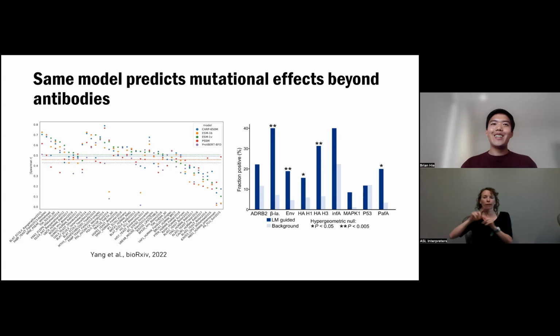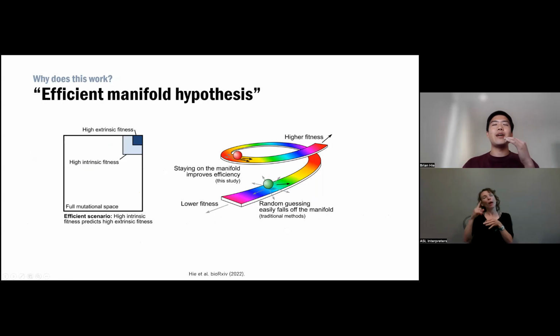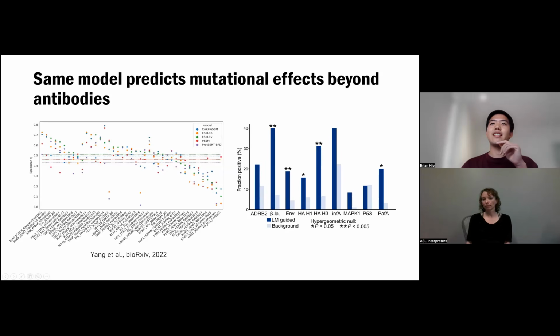And fundamentally, the definition of fitness in the clinical variant setting is very different from the definitions of fitness that would be encountered in, say, natural evolution. So I think there is some evolutionary prior that's really good for predicting certain definitions of extrinsic fitness, and that's what these models are picking up on. Hopefully that answered your question.